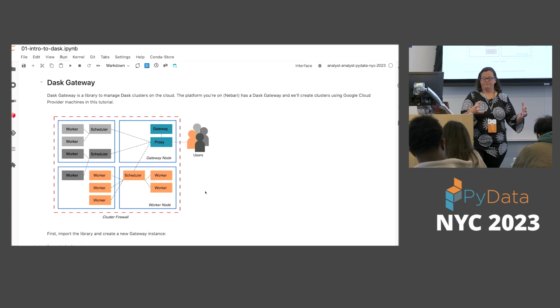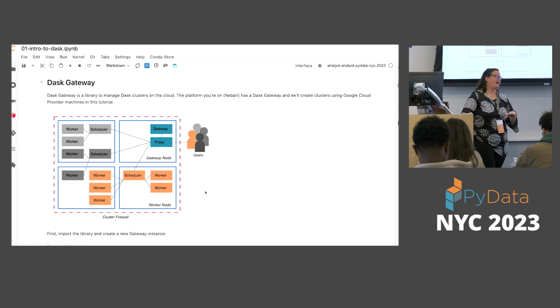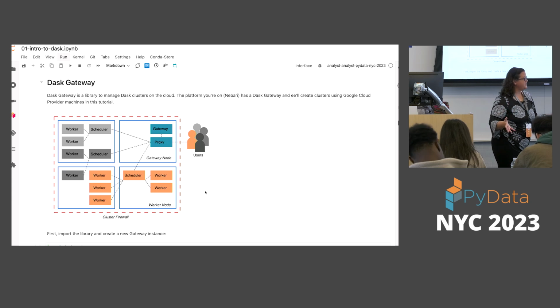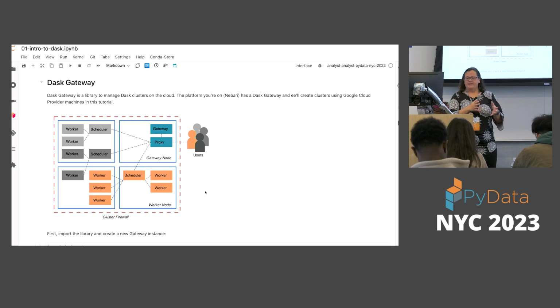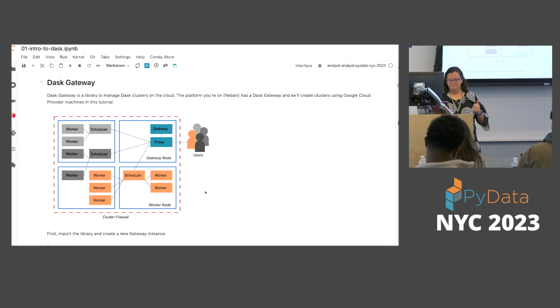I don't want to get into too much of these details, but just know that Dask Gateway is what is managing our cloud cluster of worker nodes. And a worker is just a cloud machine at this point. And then we're going to have a scheduler that's going to distribute that work out to the individual workers.